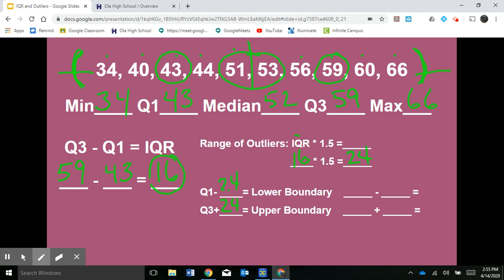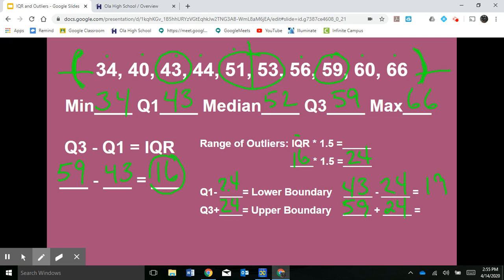Where's the outliers? So when you take Q1, which we said was 43, remember, this is all the numbers from up top here, 43 minus that 24 is 19. And then our Q3, which we said was 59, plus 24.